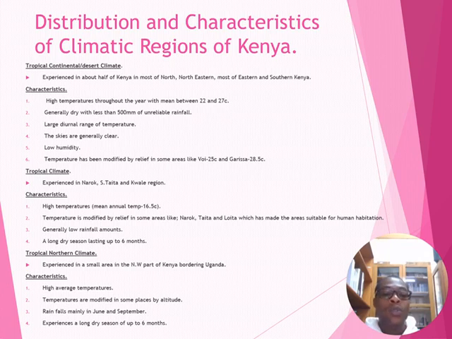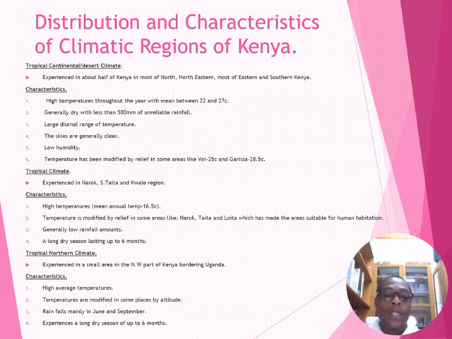There are crops which do well in high average temperatures. Even animals or livestock are able to survive in high average temperatures. The next one is temperatures are modified in some places by altitude. Rain falls mainly in June and September.